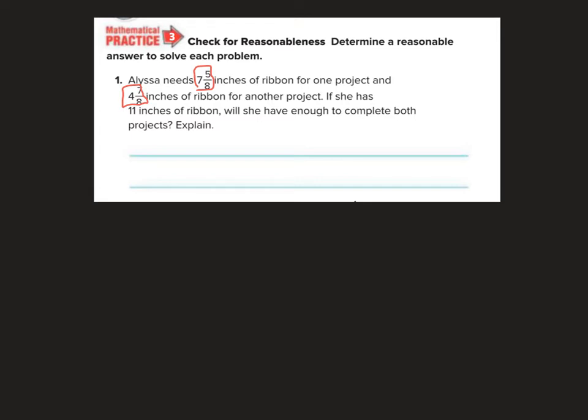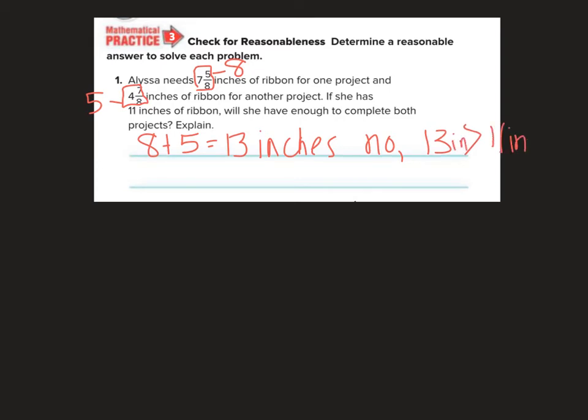So I'm going to look at my 2 numbers and round them to the nearest whole number. 7 5/8 is going to go to 8 inches. 4 7/8 inches is going to go to 5. If I take 8 plus 5, I would get 13 inches. So does she have enough ribbon for her project? No. Why? Because 13 is greater than 11 inches. She doesn't have enough due to our estimate.